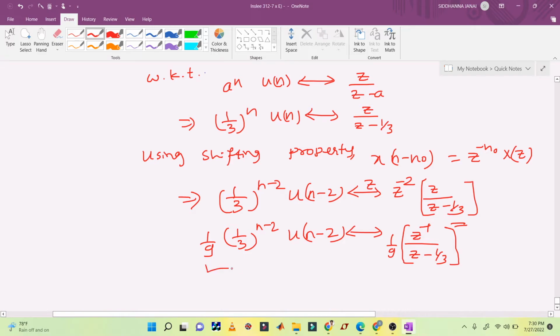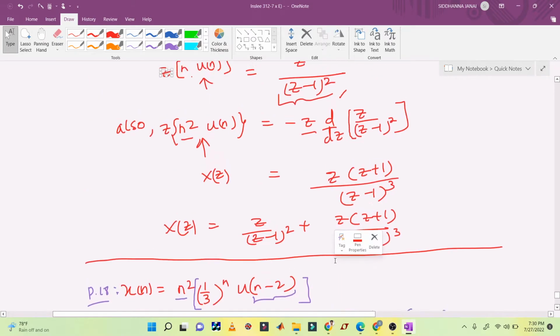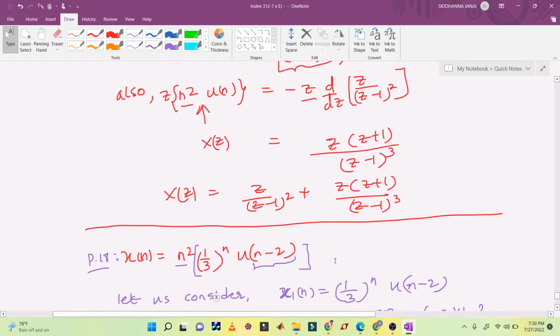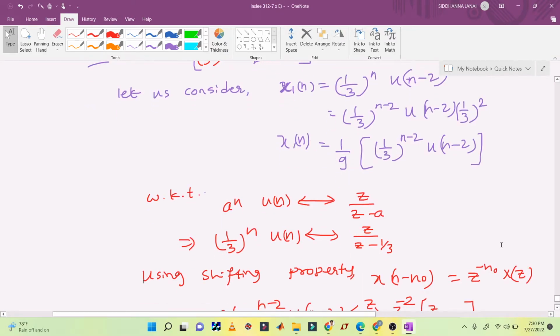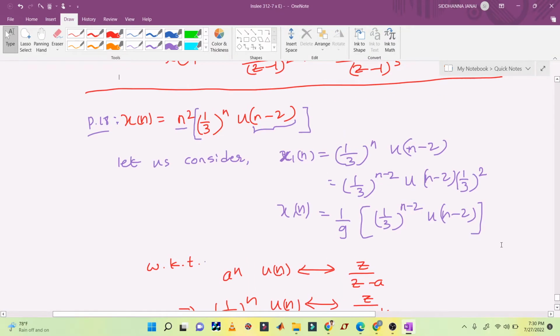Okay, this part is completed. In the above equation, see, we have taken this part and expanded in this form. X1 of z is calculated.